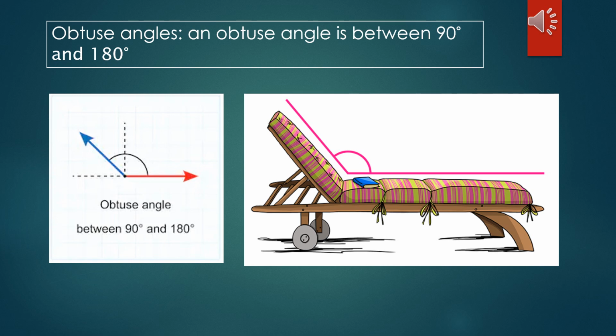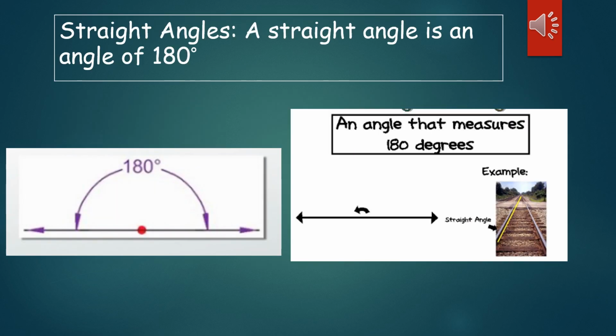Straight angle. A straight angle is an angle of 180 degrees. That is also half a circle, because 180 plus 180 makes 360 degrees, which is a revolution.